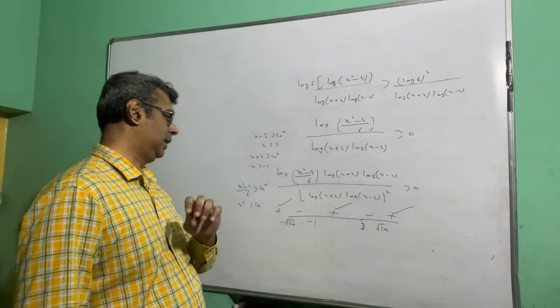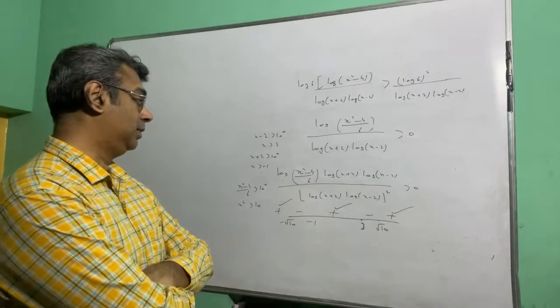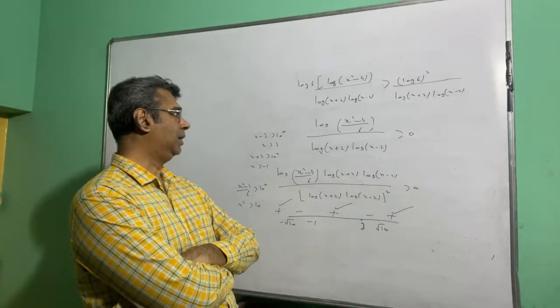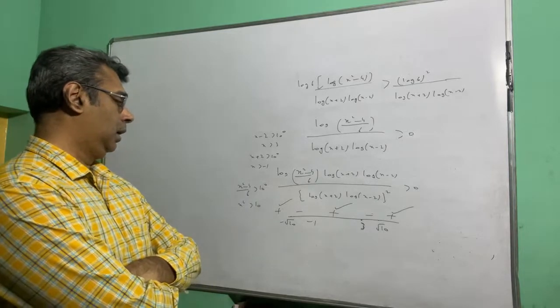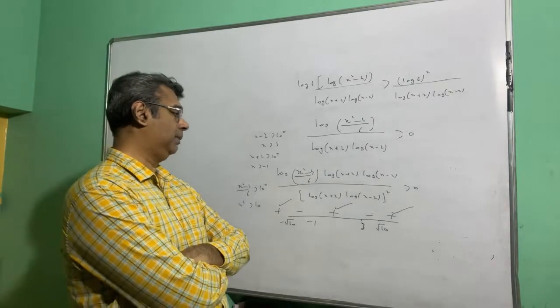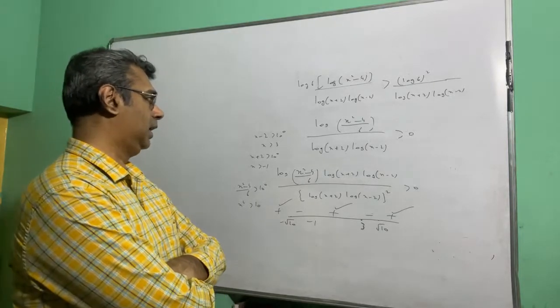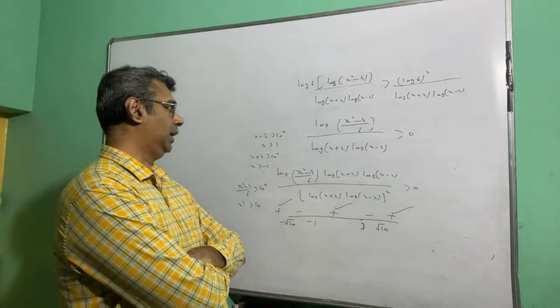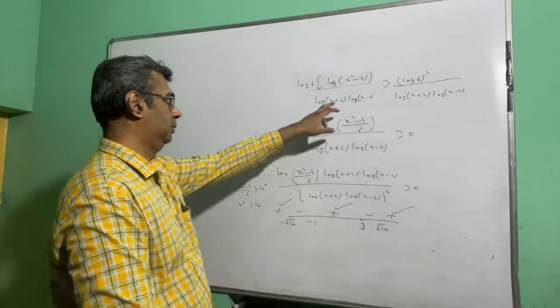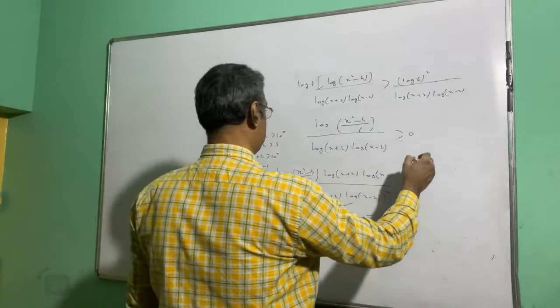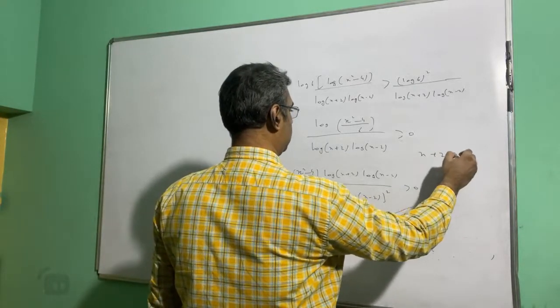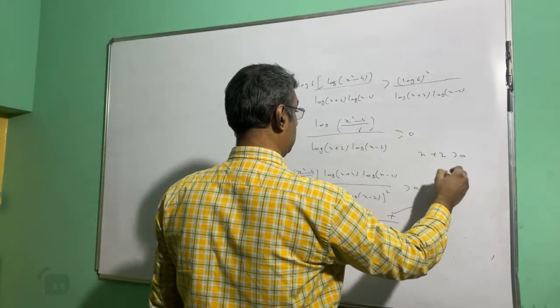Okay, now there is one thing, 1 minute, I forgot one very, very important thing. While we are doing all this, one extremely important thing which we need to understand, we are doing log x plus 2 and log x minus 2. So x plus 2 and x minus 2 both have to be positive numbers.